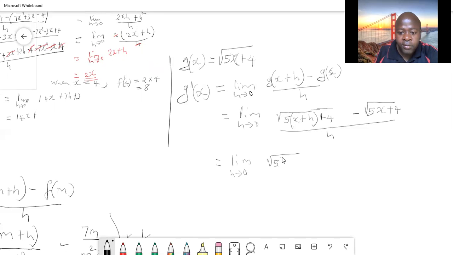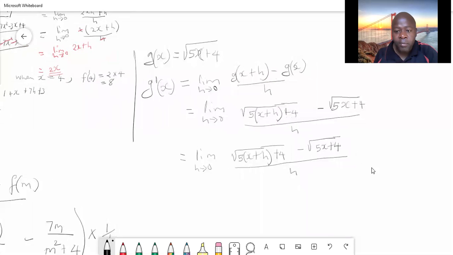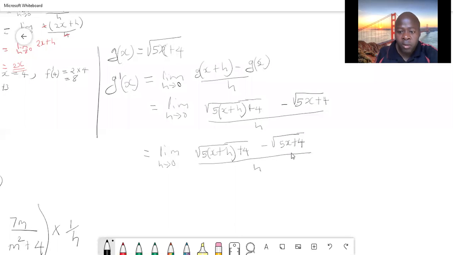This is root of 5x plus h plus 4 minus root of 5x plus 4. Let's multiply by the conjugate of the numerator on both sides, both the numerator and the denominator.